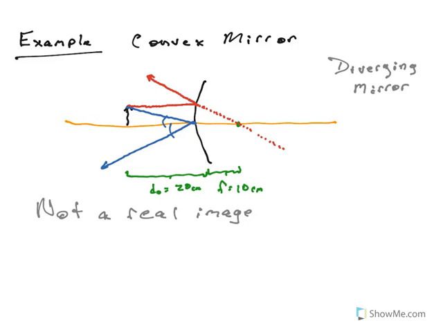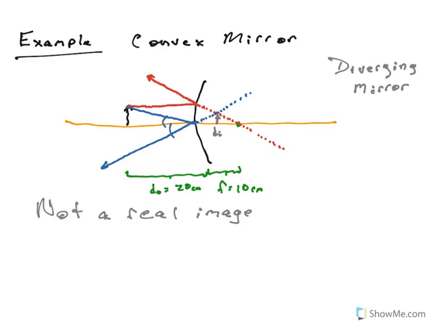However, what we can do is manipulate something. Let's take this blue ray that reflected off and let's extend it backwards as well. And now what I see, where these two fake lines converge, I could draw a little arrow there. That is where my image is located.